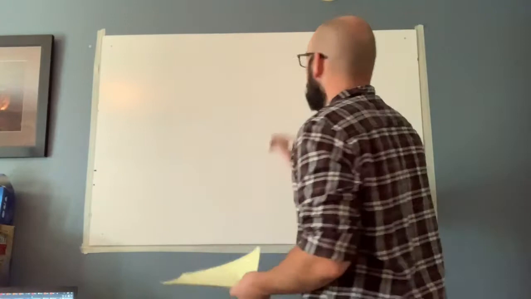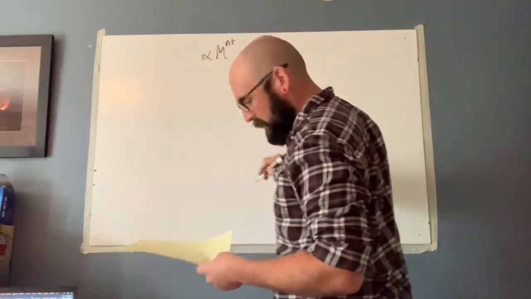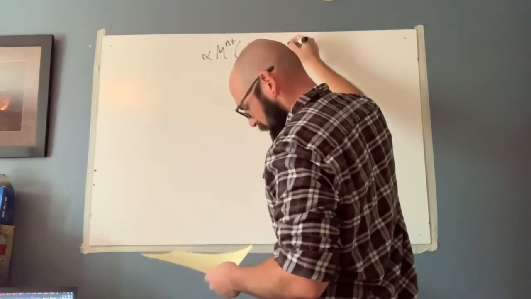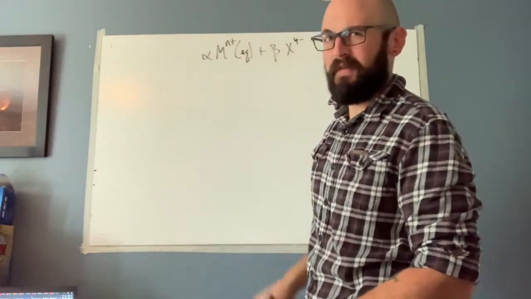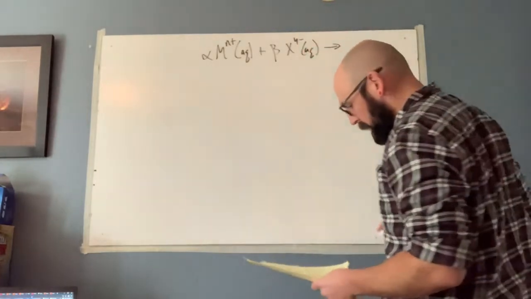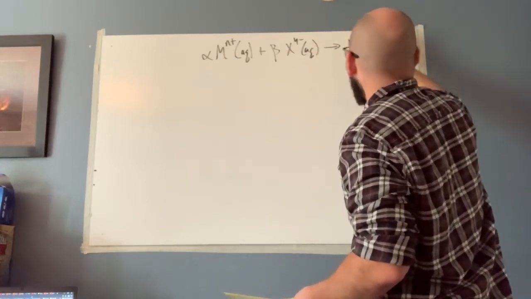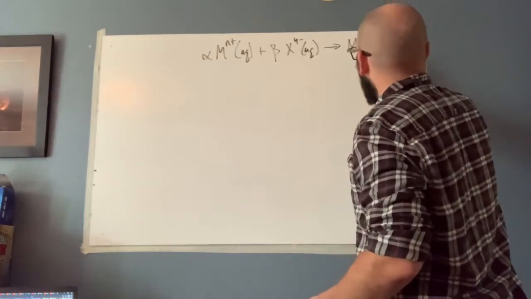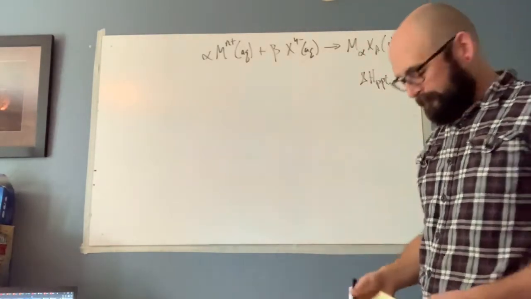So generically, we can say something like alpha of M^n+ aqueous plus beta of X^y- aqueous, just arbitrary letters, it doesn't really matter right now, goes to form our salt, our solid component, M alpha X beta solid. And then this enthalpy is the enthalpy of precipitation.